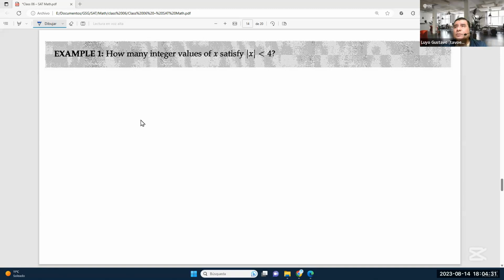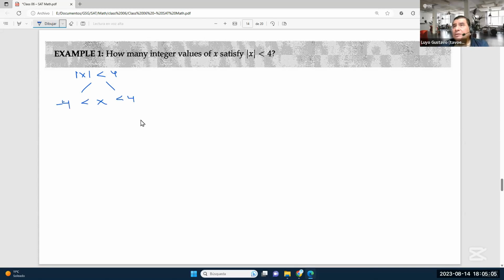It says absolute value of x less than 4. So how do we interpret this? Since here we don't have some x minus k, k could be 0. It's simply the distance between x and 0 is less than 4 units. So you can directly open this in these two parts. You can say x is less than 4 and greater than -4, and that's it.